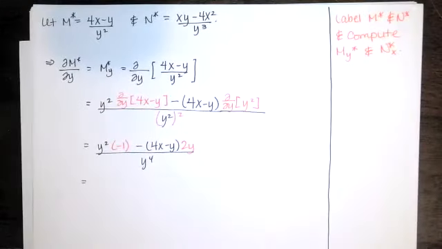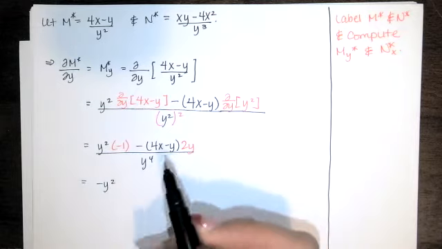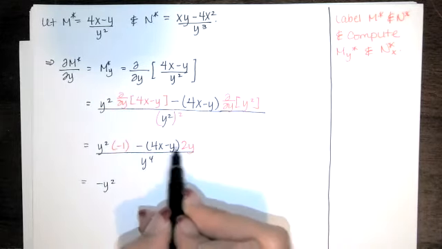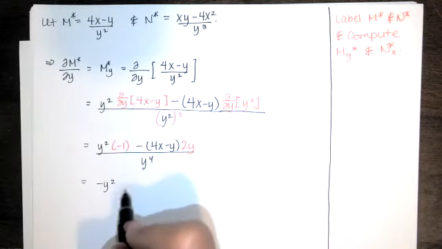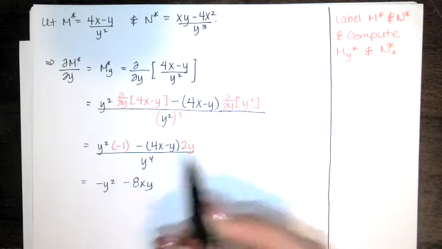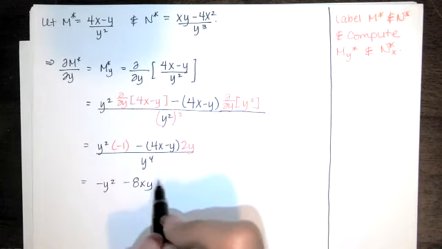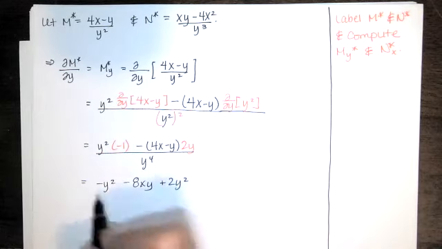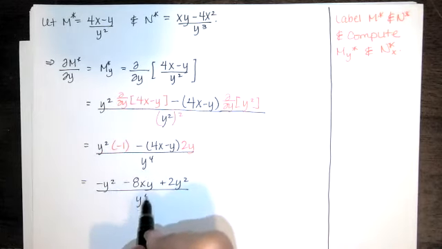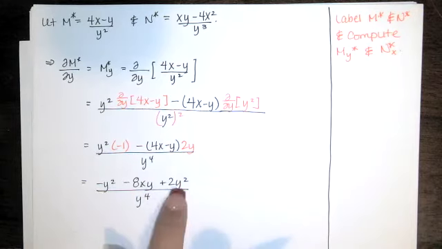So what we have here is a -y squared. And then if I distribute a -2y to this, I'll have -8xy. And then a negative times a negative is going to be a positive y times a 2y, which gives me 2y squared, all over y to the 4th. And of course, these two are like terms.